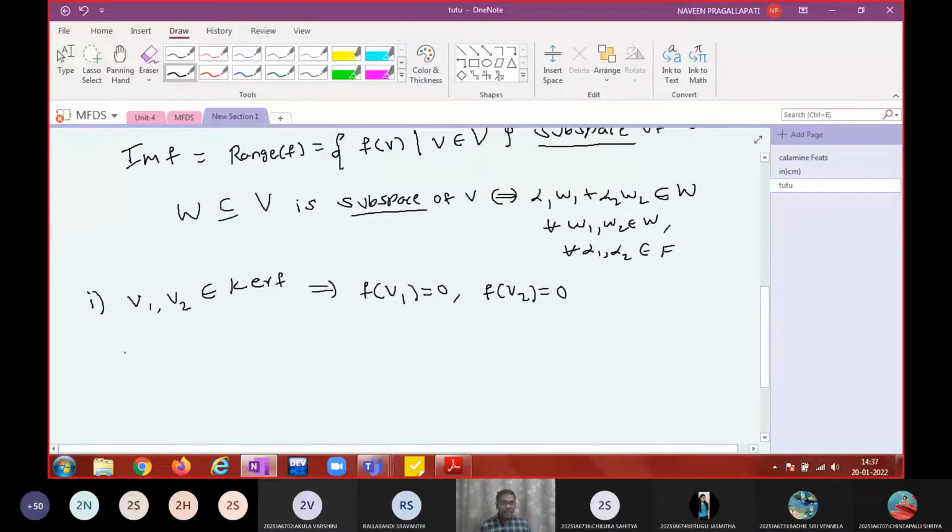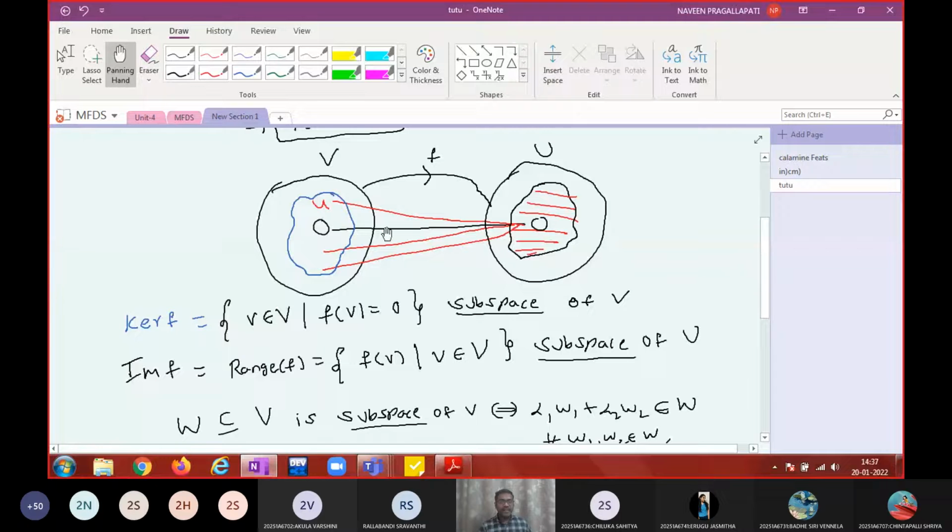So you take randomly some alpha 1 v1 plus alpha 2 v2. If I can show that this linear combination is also an element of kernel, that means kernel f is going to be a subspace. When will this element belong to kernel f, can you tell me? If this is mapped to null vector, because all elements of kernel should be basically mapping to 0.